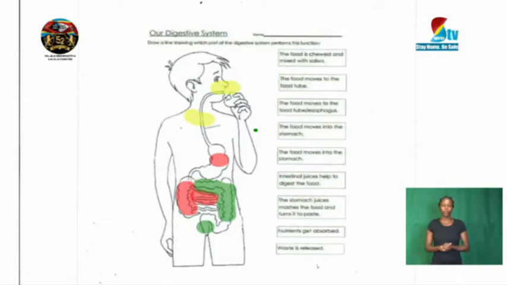And then we have the large intestines, as well as the rectum, shown with that green circle there. And then we have the anus, which is the last station for the food.